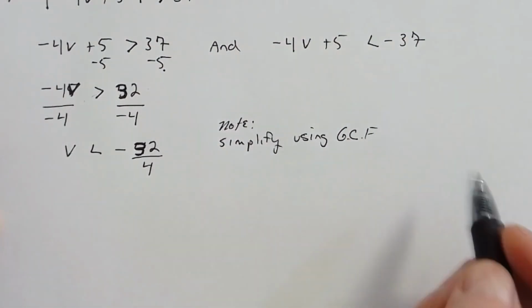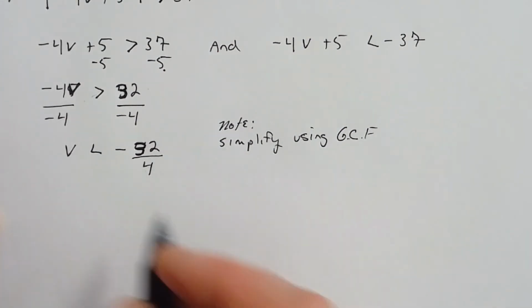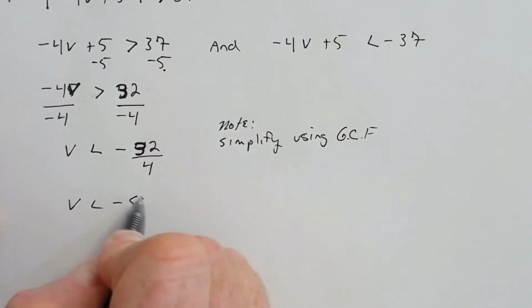In this case, it's going to be 4. So 4 goes into 32 8 times, we know that. So v is less than negative 8.